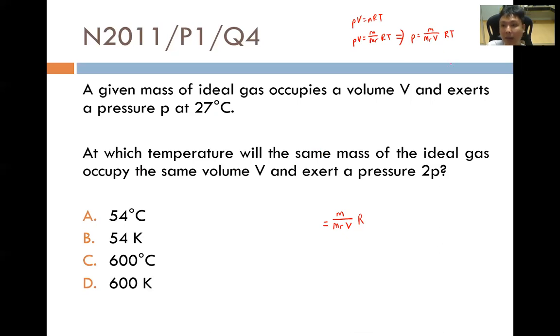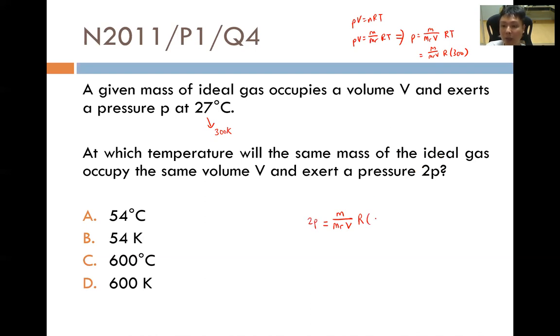One thing that I would like to put in this expression here is that because it's 27 degrees Celsius, we need to change it into Kelvin. If we change it into Kelvin, we will add 273 to this. So 27 degrees Celsius corresponds to 300 Kelvin, and hence the temperature here is 300. So when it's 300 Kelvin, it's a pressure of P. We would like a pressure of 2P, and hence, we need to double the temperature.